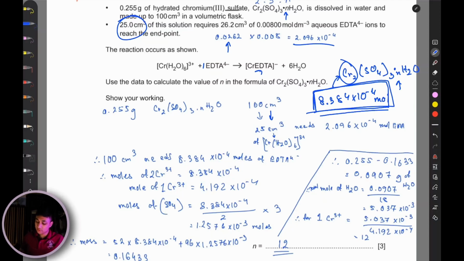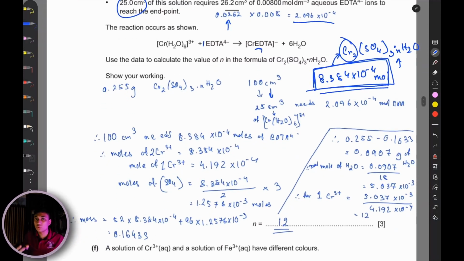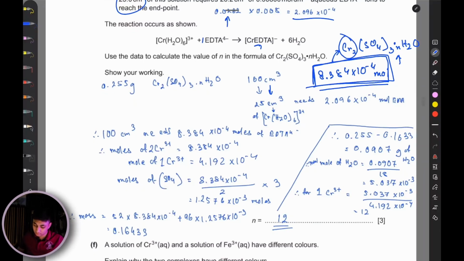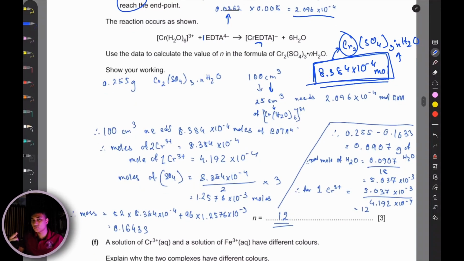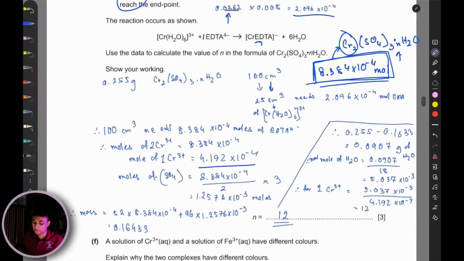That is the amount in moles with respect to 1 portion of chromium ion. If you remember from A-levels, that is how we find out the empirical formula, and that is exactly the logic I'm using over here. Now let's find out the moles of sulfate ion in the hydrated solvent, I mean.